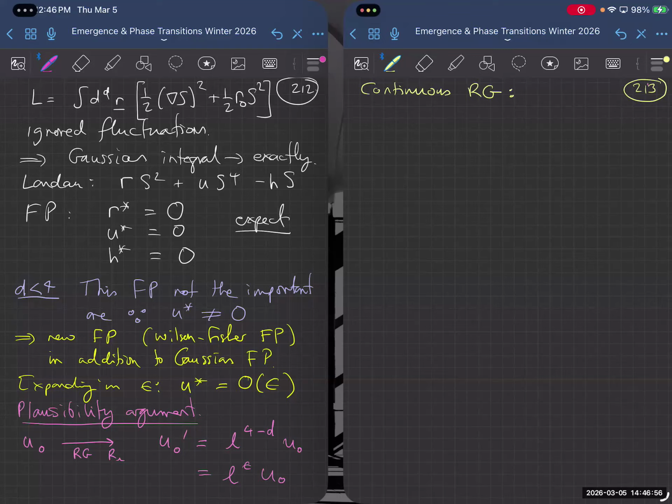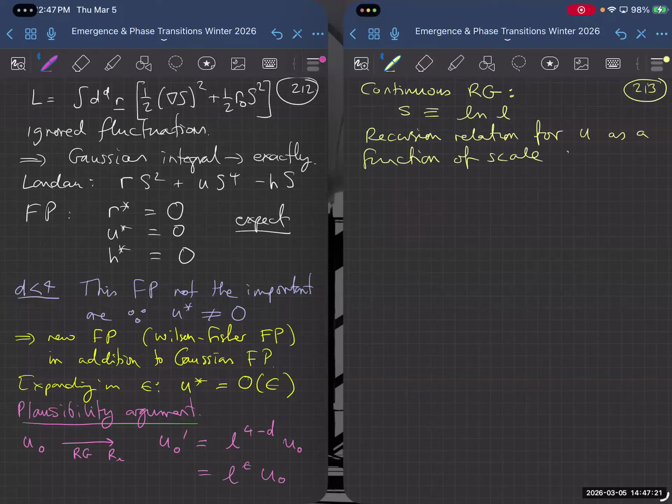So in the continuous renormalization group, we define a variable S equal to the logarithm of the scale L, and then we get the renormalization group recursion relation for U, the quartic coupling constant, as a function of scale S. And that equation is dU(S)/dS equals epsilon times U(S).